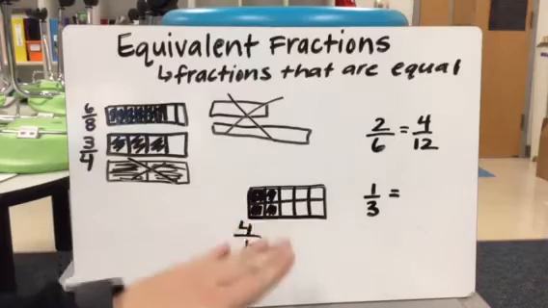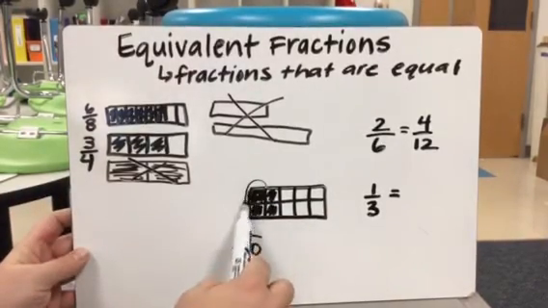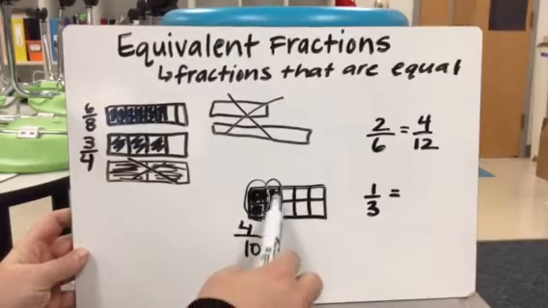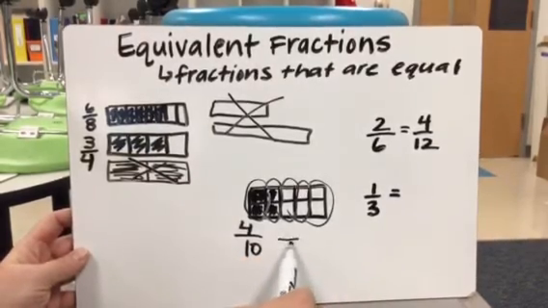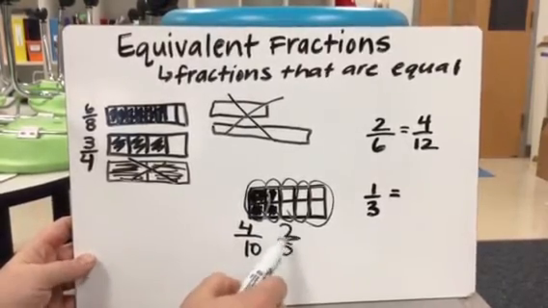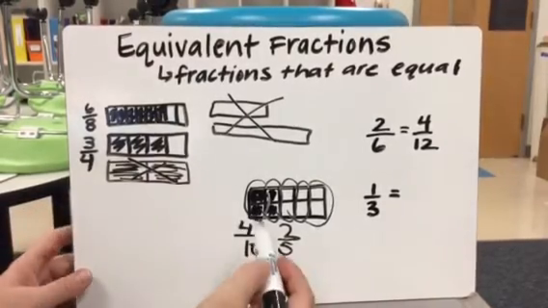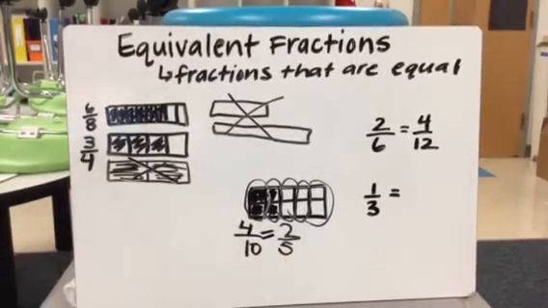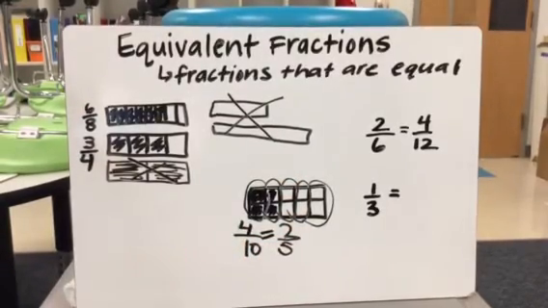And especially if you have an array like this, you could look for rows and columns. Well, I see 5 columns here, 5 equal groups. So I could use fifths, and 2 of the fifths are shaded in, and since they take up the same amount of space, 2/5 is equal to 4/10. Those are equivalent fractions, okay? So I didn't have to draw anything else. I had to just look at it in a different way.